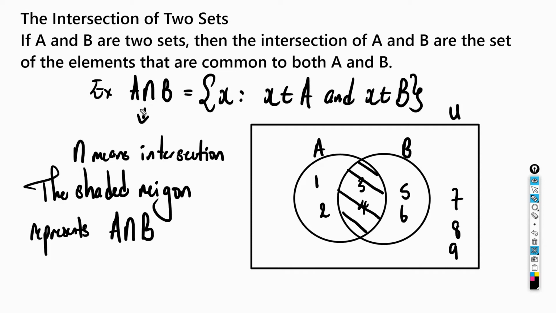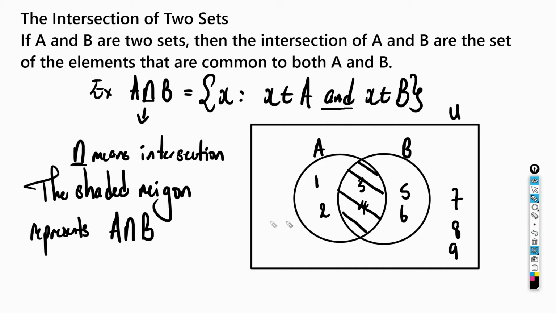So an example of how we write it here says A intersect B. This upside down U here means intersect. Okay? It means the intersection is equal to X such that X is an element of A and X is an element of B. Cool. So X has to be in A and it has to be in B.